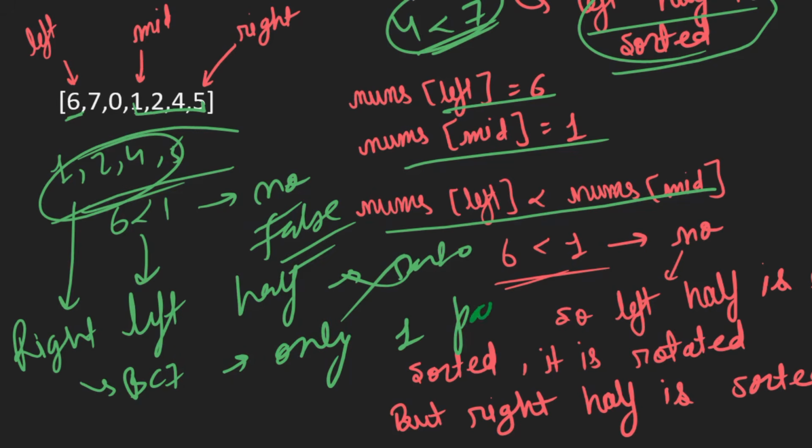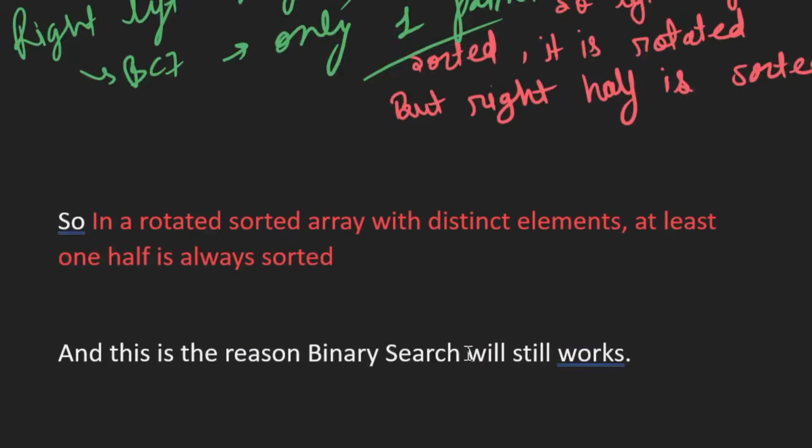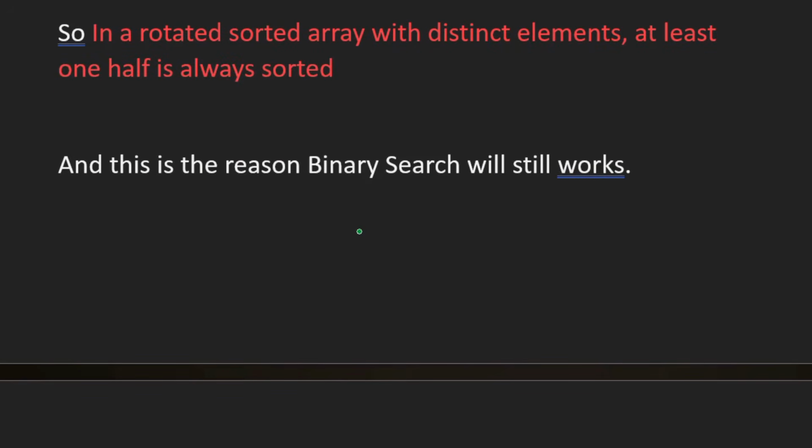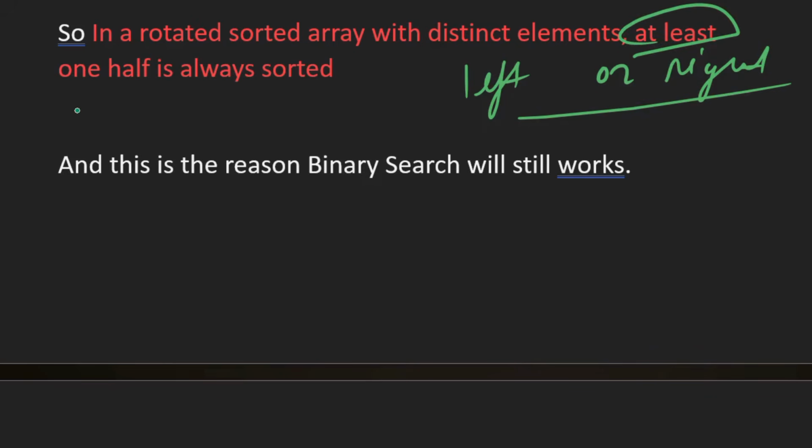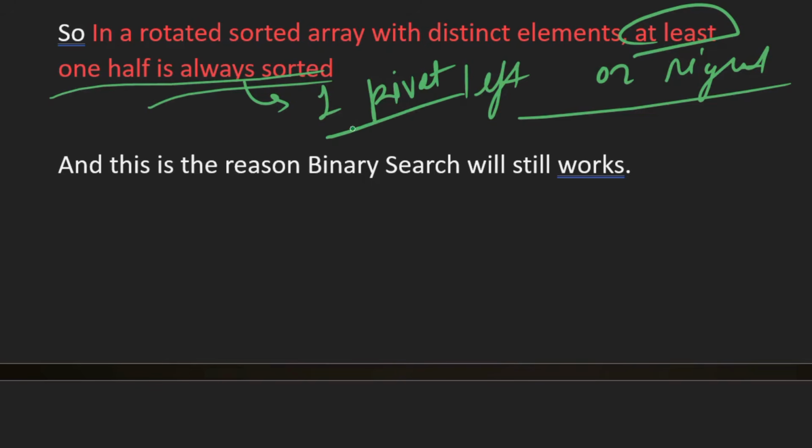So either the left half or the right half will be sorted, which means at least one half will always be sorted, because our array is rotated around only one pivot point.